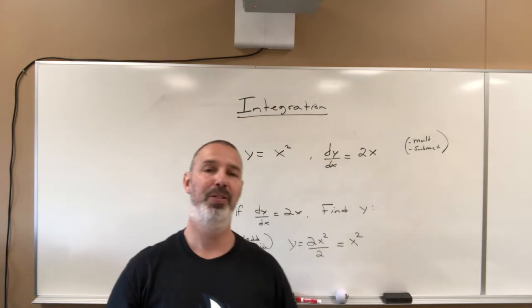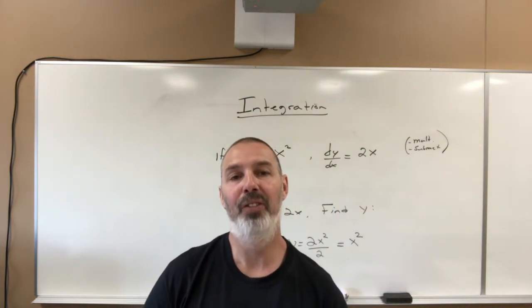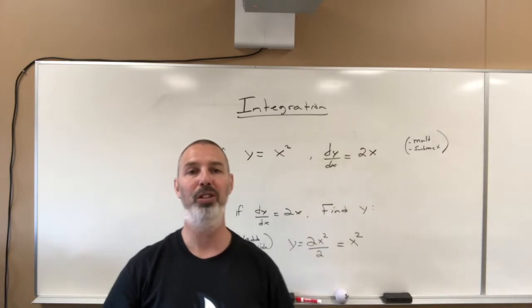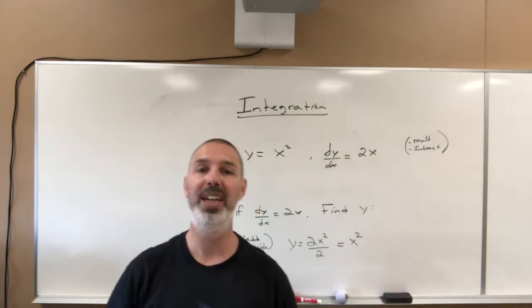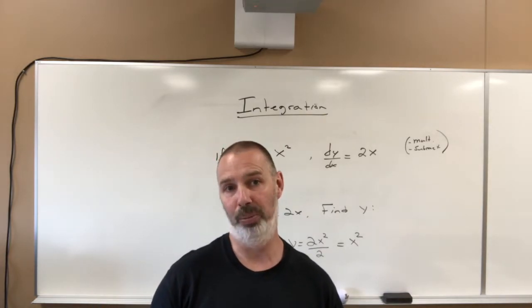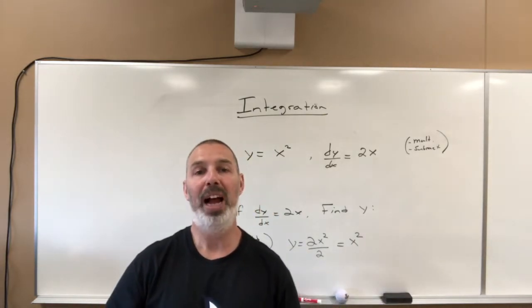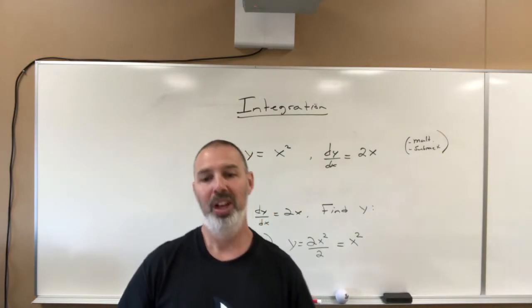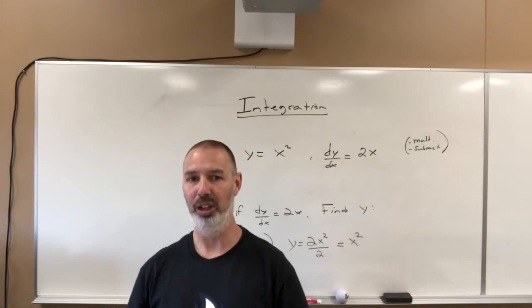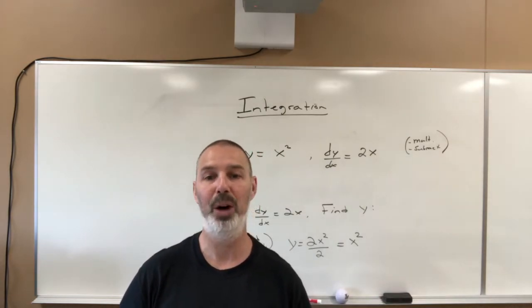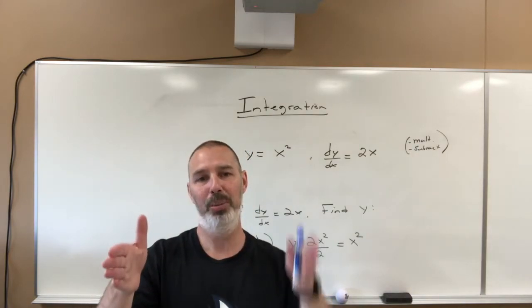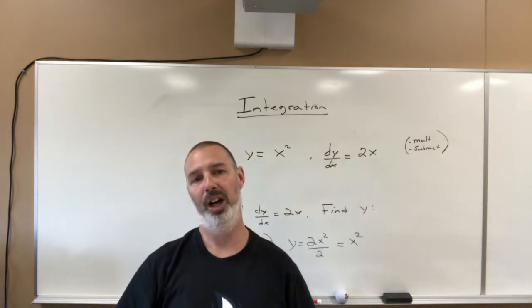There are two types of integration that we're going to look at. We're going to do them kind of at the same time, working back and forth. One's called indefinite integration, which is simply where we integrate a function, and we don't actually find an area. The second type is called definite integration, where we define some endpoints and are able to find an area from here to here under a curve.